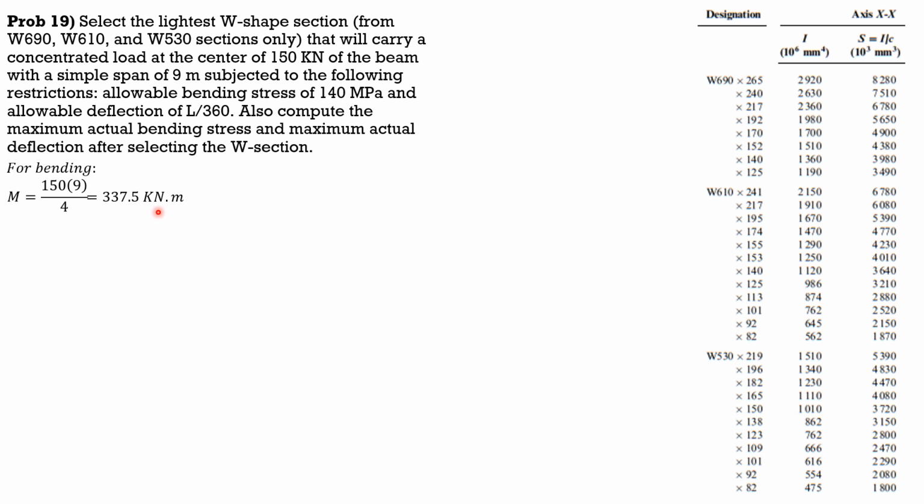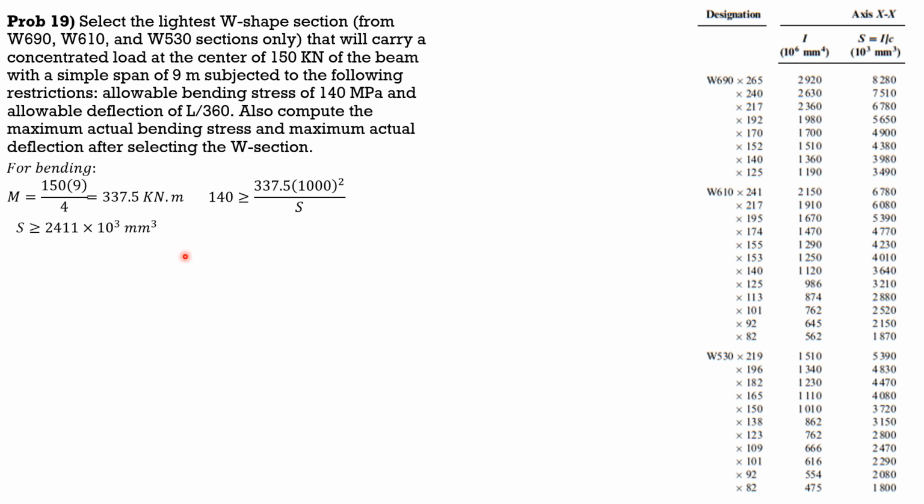Then we can compute the required section modulus from bending stress equals moment over section modulus. So 140 must be greater than moment in kilonewton meter times 1000 squared to convert that to Newton mm, divided by section modulus, so that section modulus should be greater than or equal to, the units in mm cubed. So S should be greater than 2411 times 10 to the 3 mm cubed.